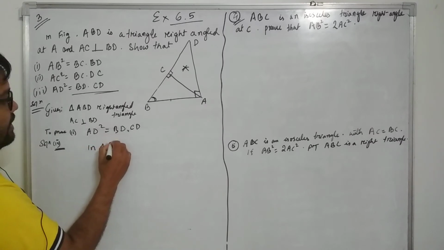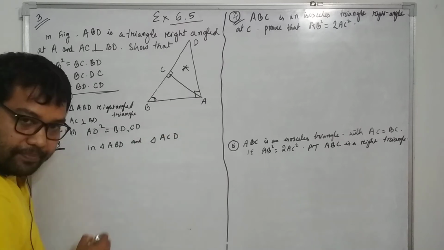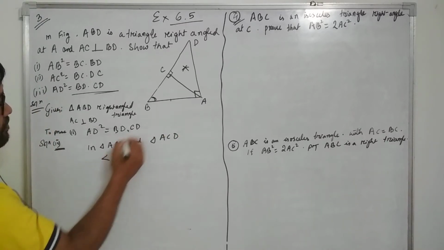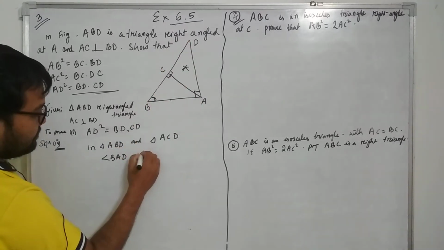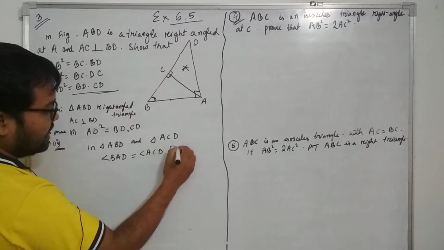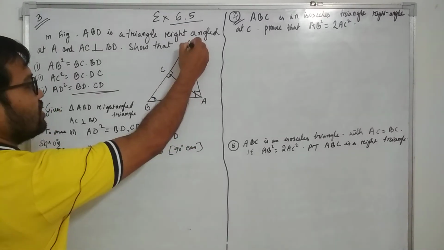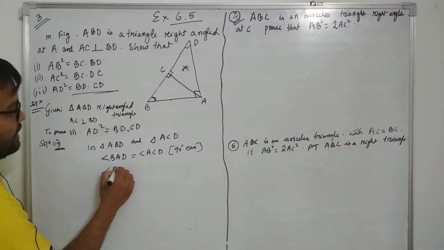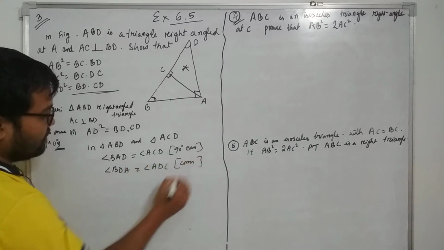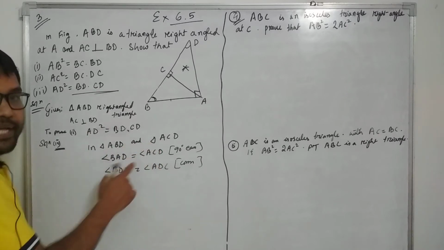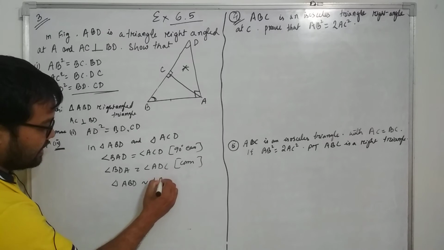In triangle ABD and triangle ACD, we have angle BAD equal to angle ACD, 90 degrees. We have one common angle B. Angle BDA equal to angle ABC, common. Therefore, triangle ABD is similar to triangle ACD.